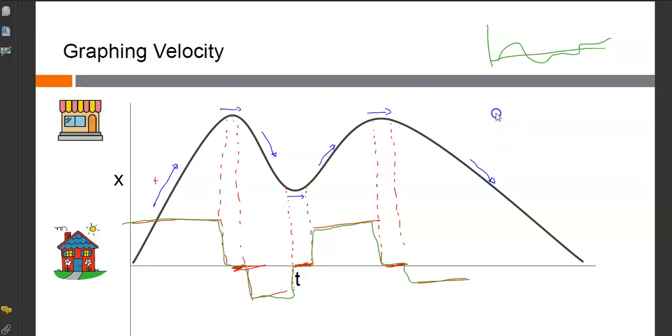We could say that the slope is equal to the rise over the run. And when I look at the rise, I'm no longer graphing x. Now I'm graphing velocity as a function of time. So this would be the change in velocity over the change in time. And what we're going to do again is to flip that so that it's dv/dt.